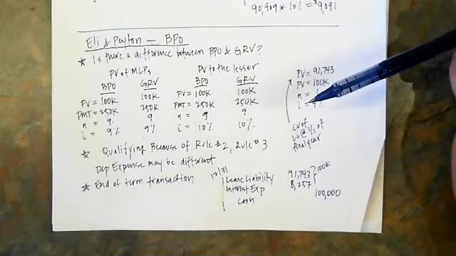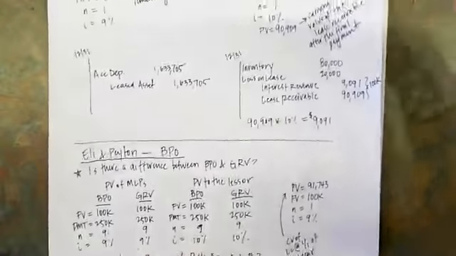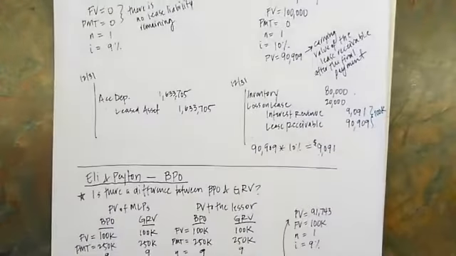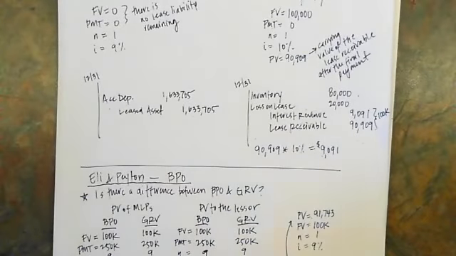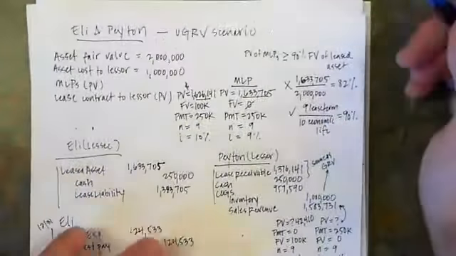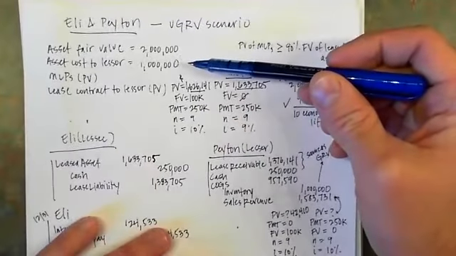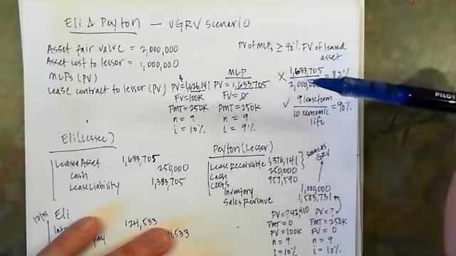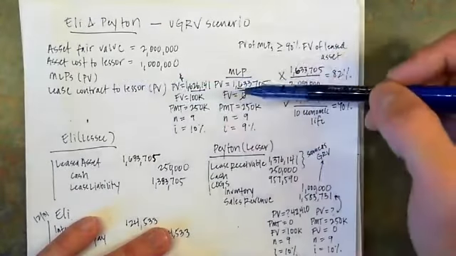And so you need to start figuring out that these present value calculations really drive everything that's going on in these problems. And again, start out with this idea that, well, I need to find the fair value of the asset. I need to know what its cost to the lessor was. And then I'm going to look at two present value calculations. I'm going to look at the present value of the MLP.